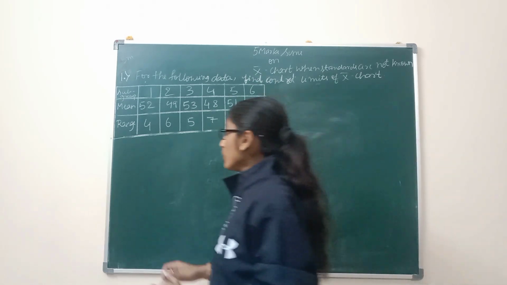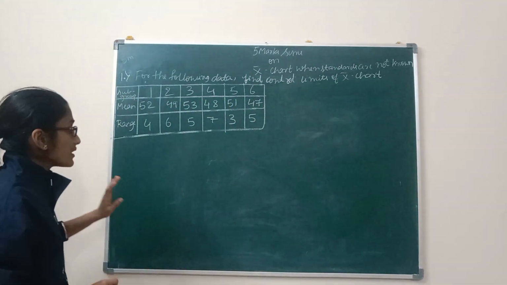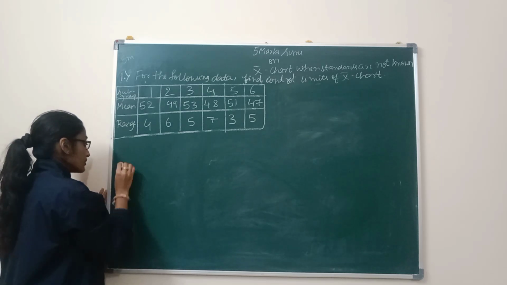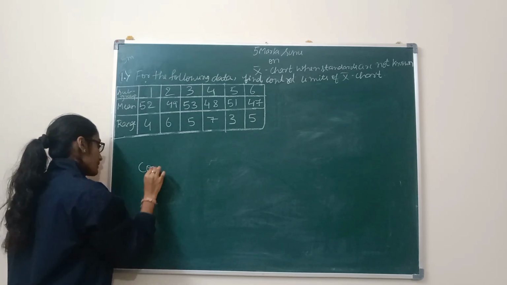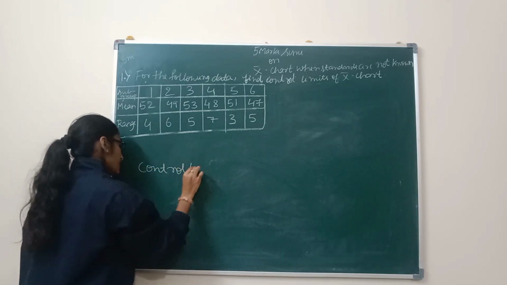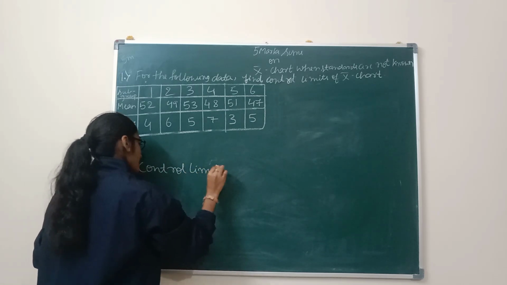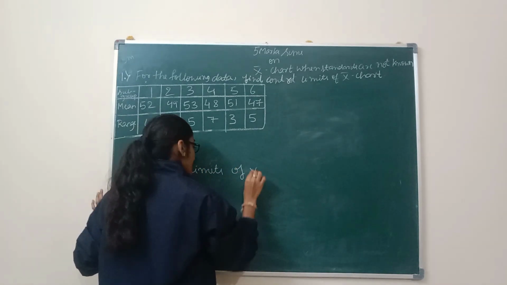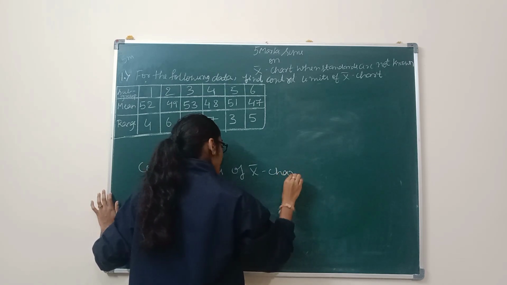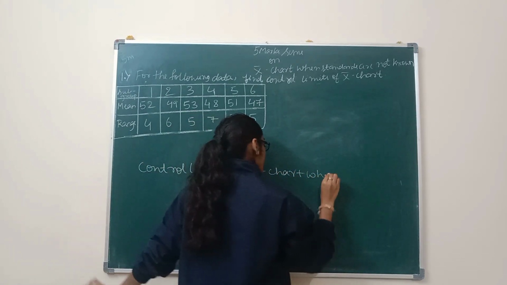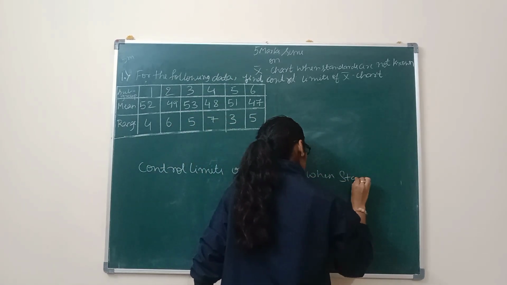Okay, now let us see the formula for standards not known. Control limits of X bar chart when standards are not known.